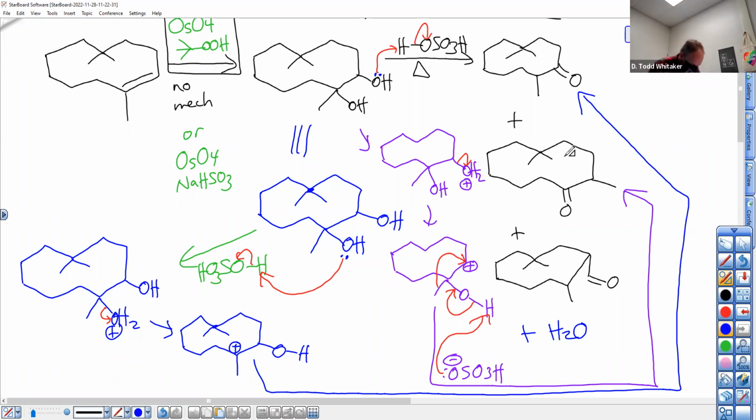The H moves. Guys, you have to show me that H. Sometimes you have to draw an H. Move it, and then do your acid-base thing. OSO3H negative grabs H. Sigma becomes pi, rearrangement already happened.